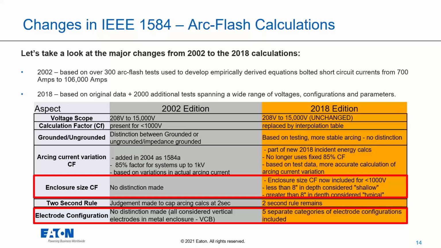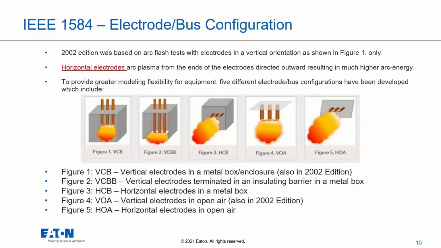And then that goes right into describing the electrode configuration, which is the layout of the three-phase buswork that you have, whether it's in the gear or in the transformer. Focusing on those electrode configurations, up on the screen we have 5 different configurations that the IEEE team came up with. In the 2002 edition, pretty much everything would fall under that figure 1 category, the VCB, standing for vertical electrodes in a box.